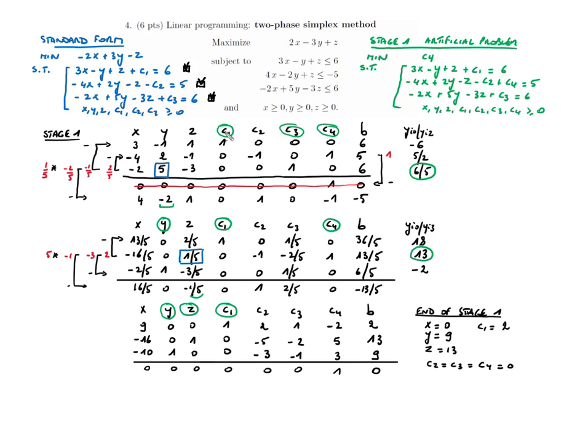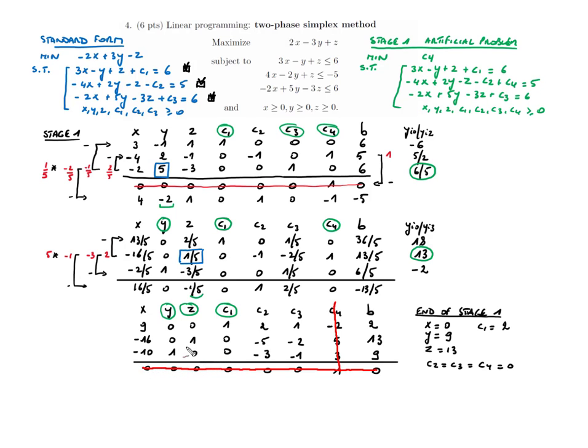So now we are ready to initiate the second stage, and in this second stage we'll leave out the artificial variable, and of course we'll cross out this last line because it has to do with the artificial problem.